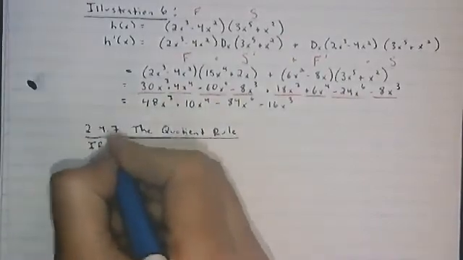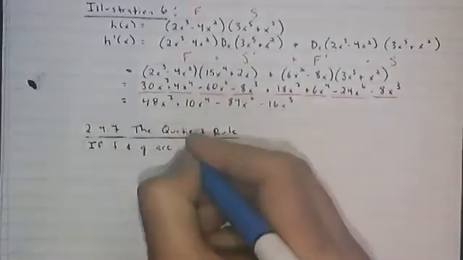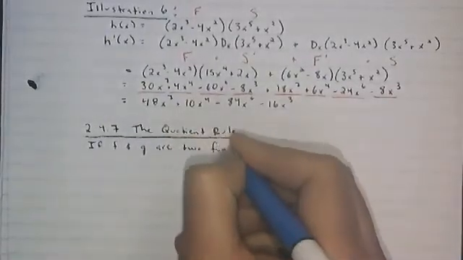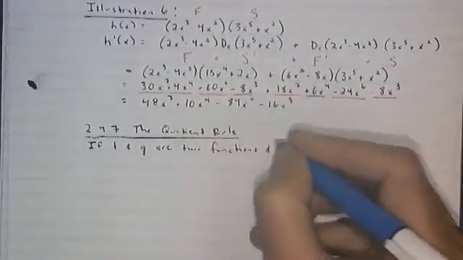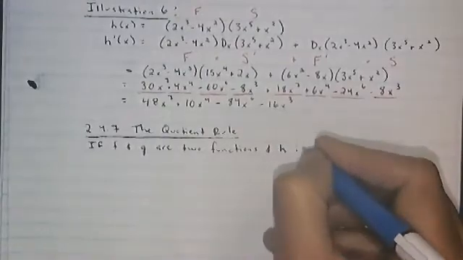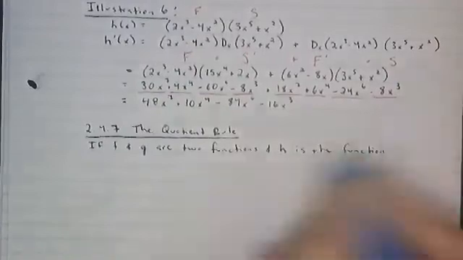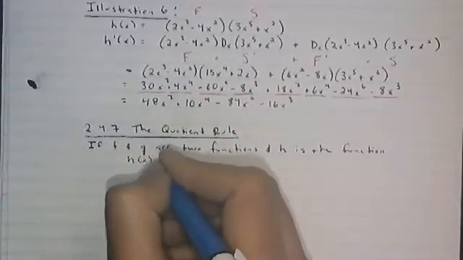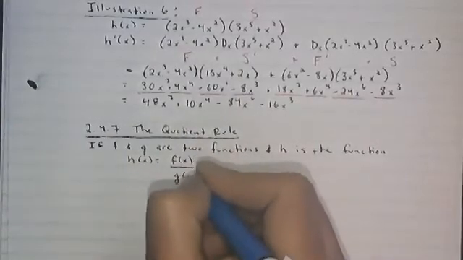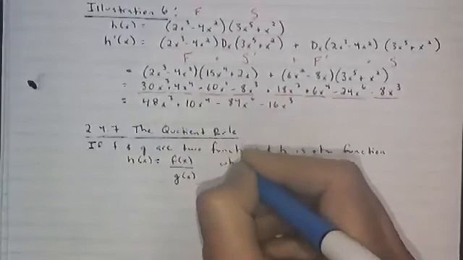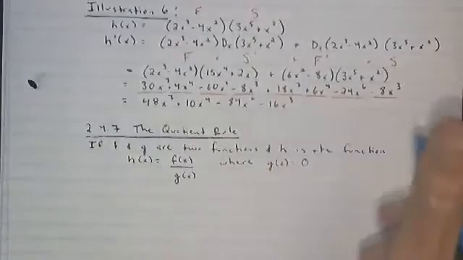If f and g are two functions and h is the function h of x is equal to f of x divided by g of x, where we're going to restrict g to not equaling 0.